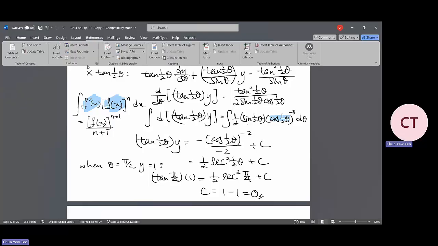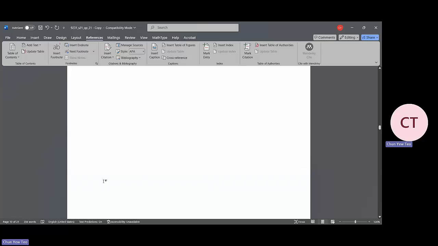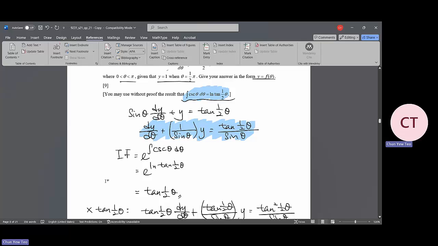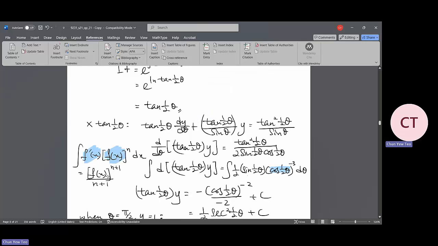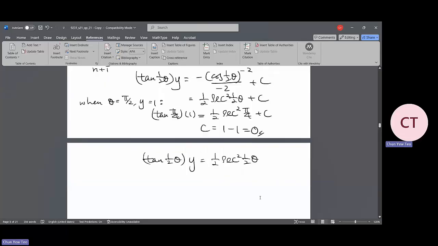Nice. Okay, we need more space. So we will go and solve it. We want the answer in the form of y equal to f of theta. So you get tangent half theta multiplied by y is equal to half secant square half theta.